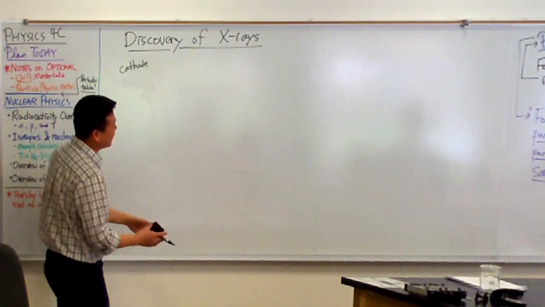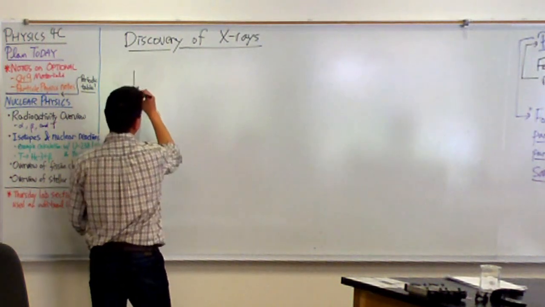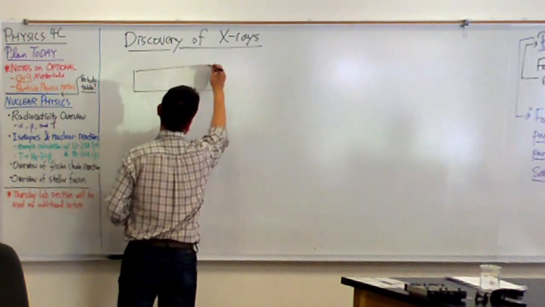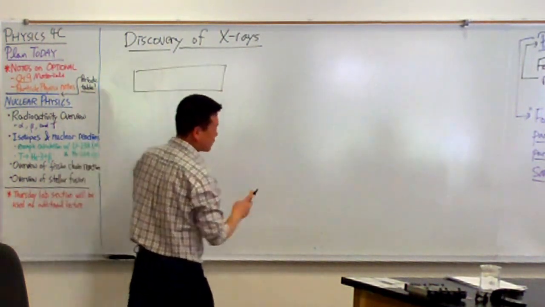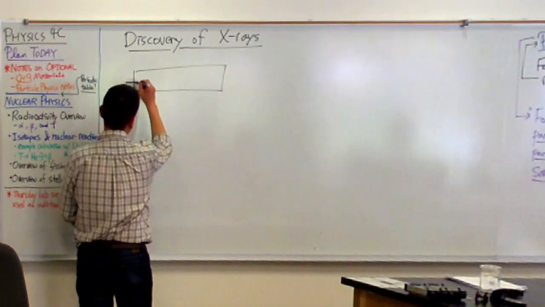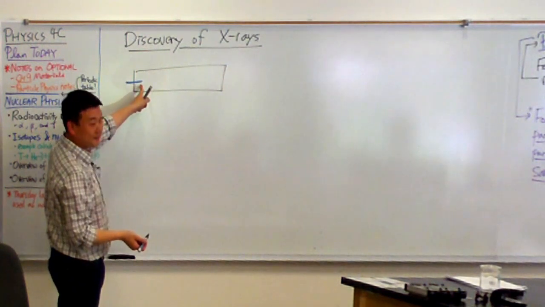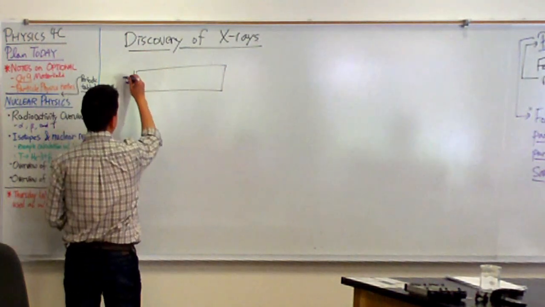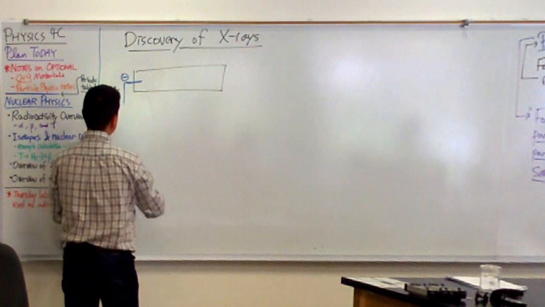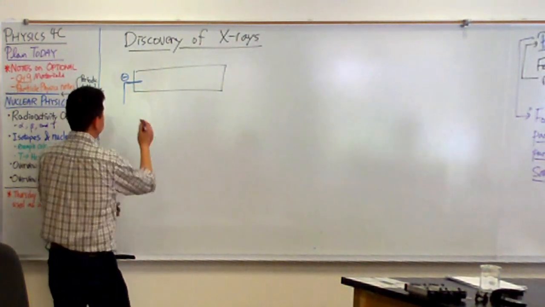Okay, so the cathode ray tube is, imagine an evacuated tube, and you have an electrode poking inside. And this is physics, so this one I know. This electrode has to be negatively charged. You can do it with a battery or by use of a high voltage device or something.